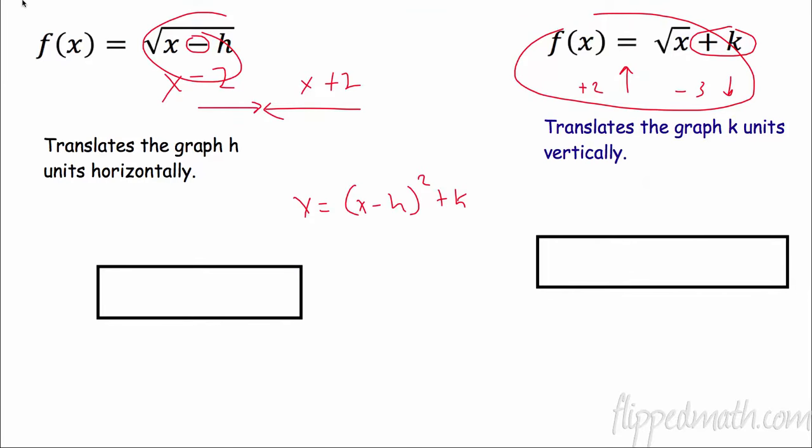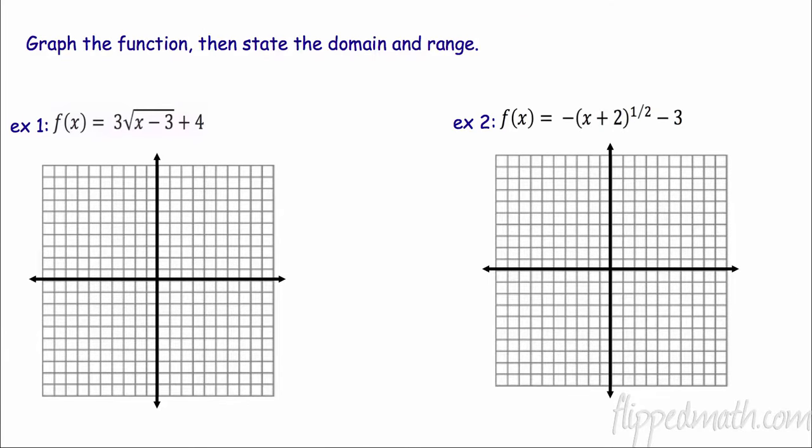So let's try and graph some of these. The first thing I want to do is find that reference point, that starting point. So this is -4, so that reference point is going to be at 3, 4. So I'm going to go over 3, 1, 2, 3, up 4, 1, 2, 3, 4. Now remember these points, 0, 1, and 4, and they took us to 0, 1, and 2.